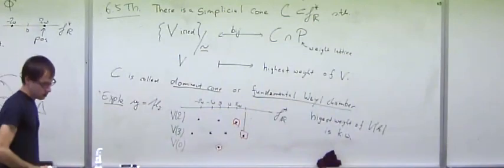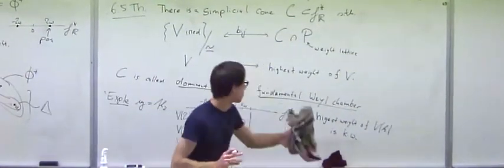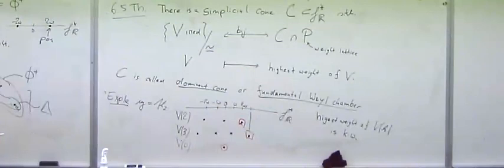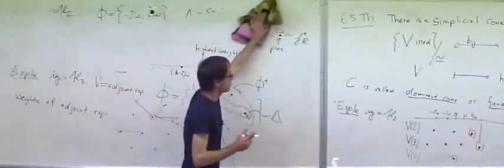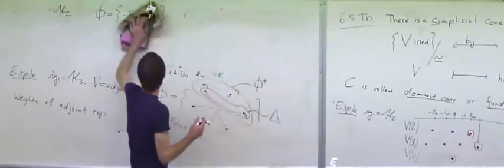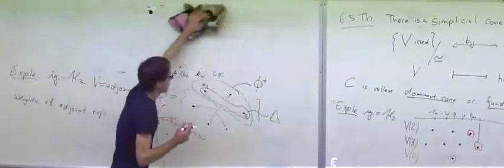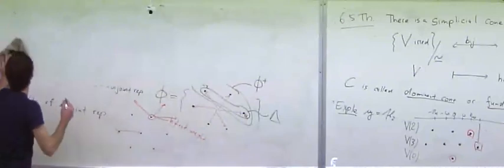So in this case, we know already from our previous calculations that this theorem holds, and C is just the positive axis, right?